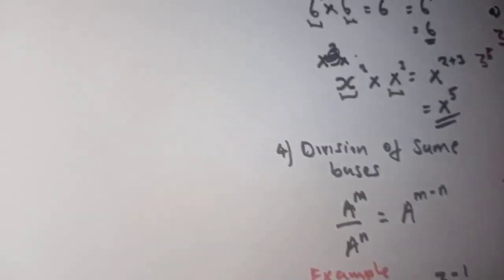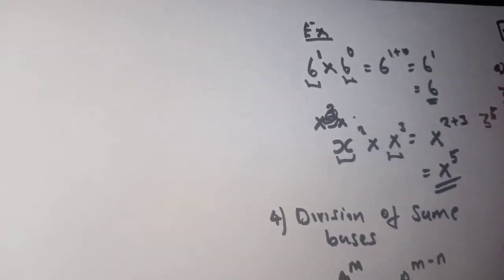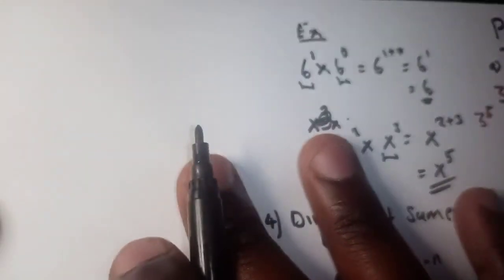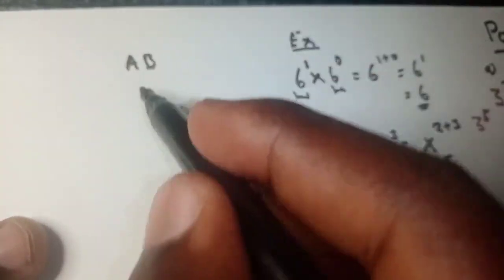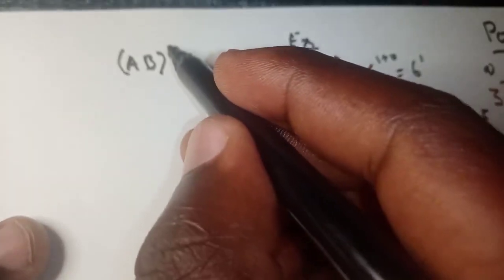And two more rules. Now here, let's say you have different bases. For example, you have a b. These are bases, and they are put like this in brackets, raised to the power n.